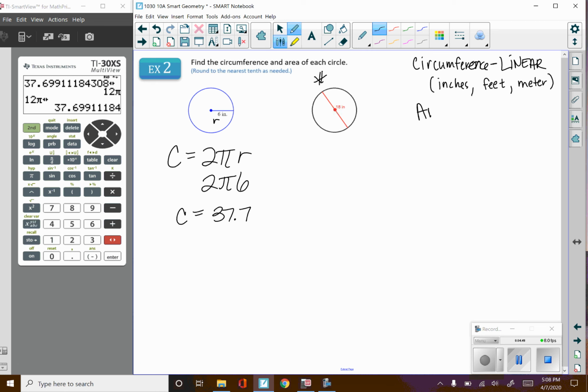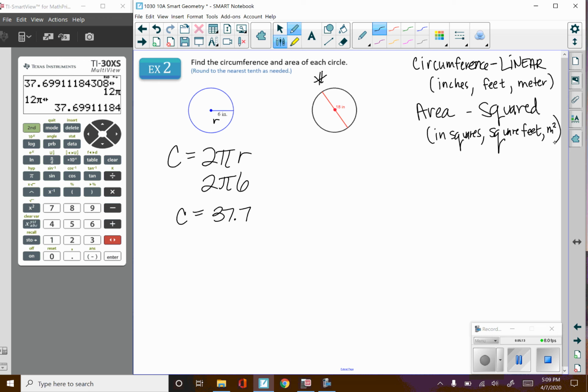For area, that would be squared. It's two-dimensional, so we would have maybe either inches squared or square feet, or it may have the superscript squared, something like that. So for circumference, it's just the measurement.